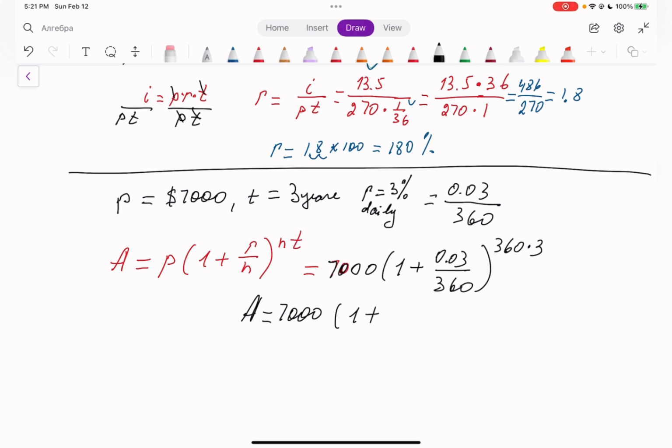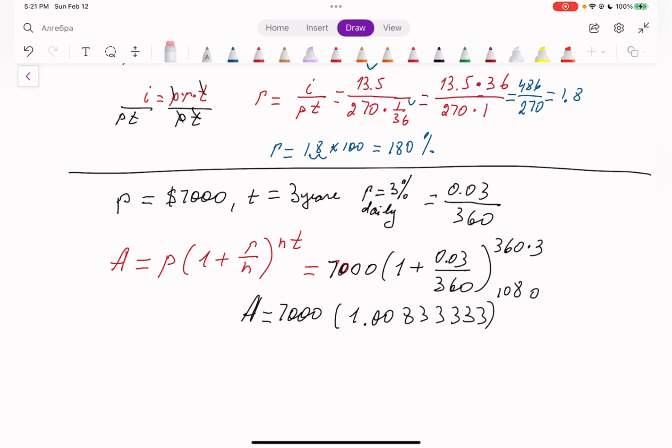I'm getting 1.00833333 to the power 360 times 3: 3 times 6 is 18, carry 1, 3 times 3 is 9, and 1 is 10. 1080.